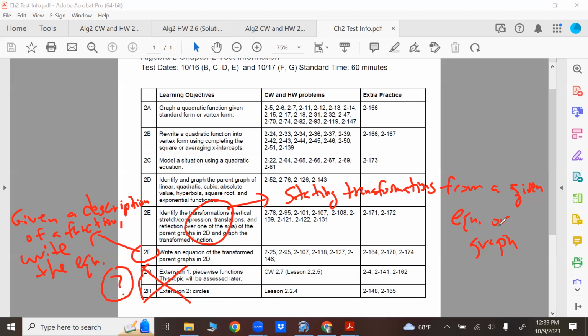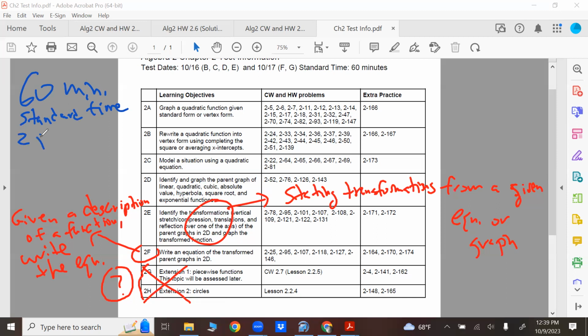In terms of the format of the test, 60 minutes. So 1 hour with the standard time. So if you have time and a half or double time, you get 90 minutes or 2 hours.